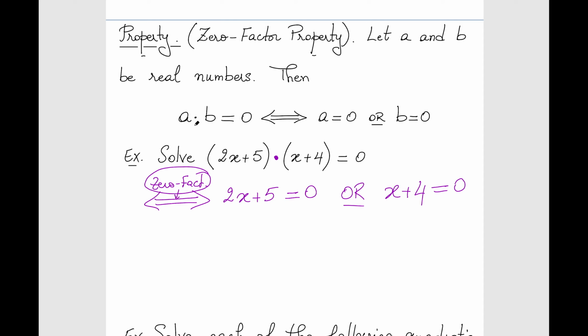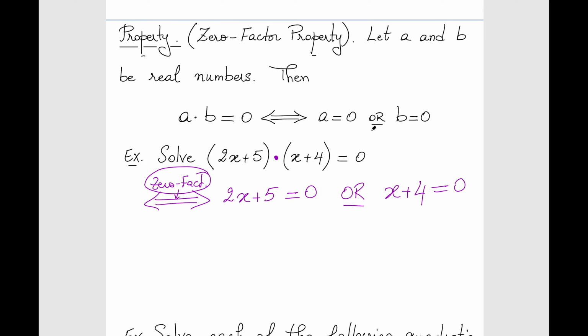So one more time. The structure of this equation is product of two things equals 0, and the product of two things is 0. That happens precisely when one of the factors, at least one of the factors, is 0. Okay, I hope you understand the meaning of this or. This is not the regular, the daily or that we use in our daily language. This or is inclusive.